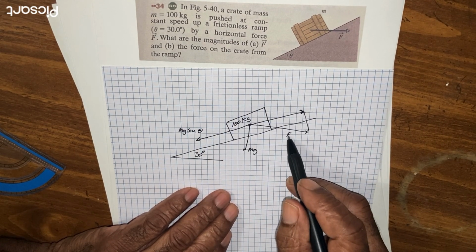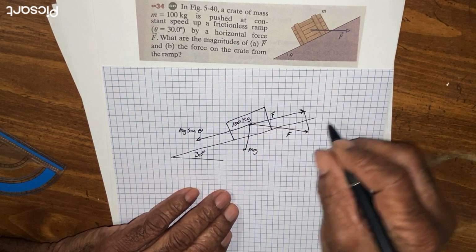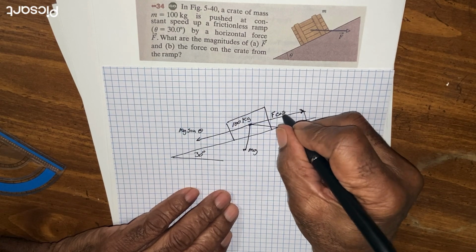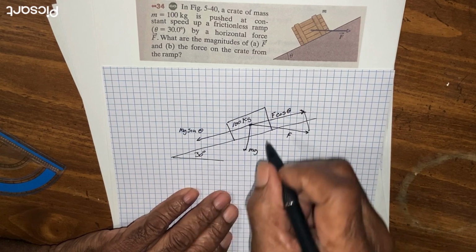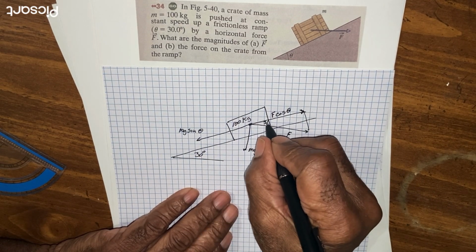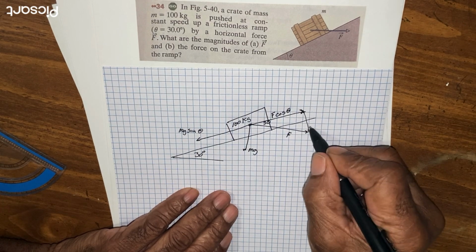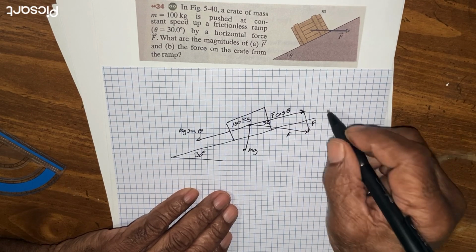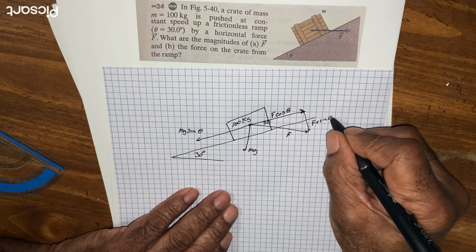So this would be F cosine of theta. And theta is 30 degrees, because we're not worried about this here, but this would be F sine of theta.